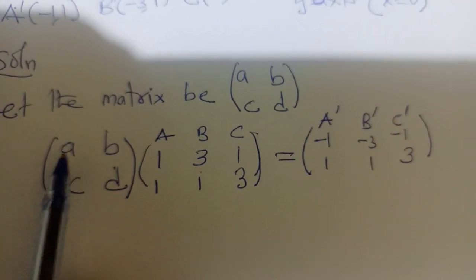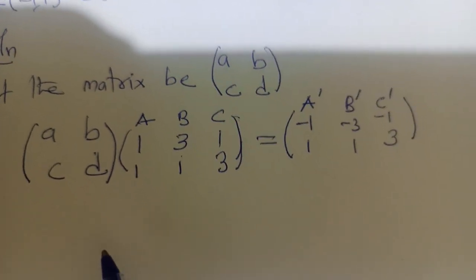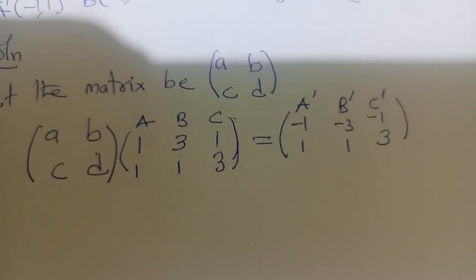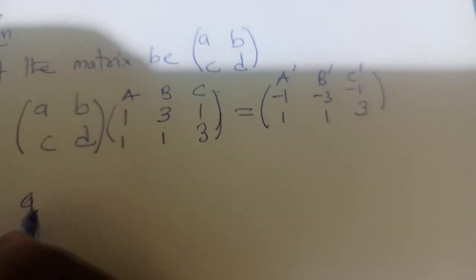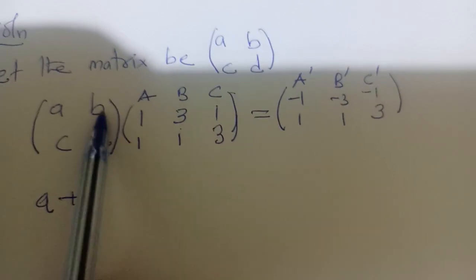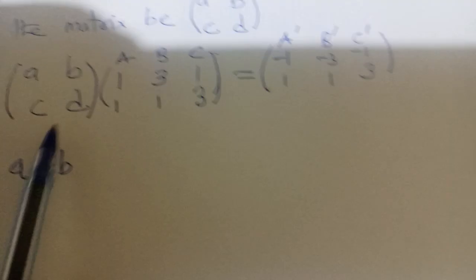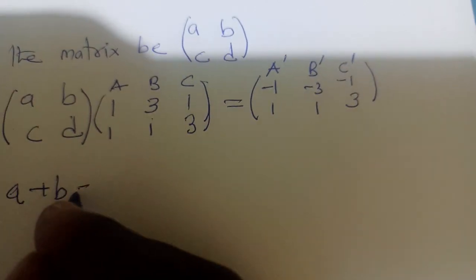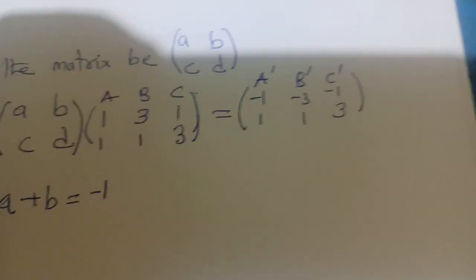We'll have 2 equations in A and B, and another set of 2 equations in C and D, and then solve them simultaneously to get the values of A, B, C, and D. In the first case, we'll multiply A by 1, which gives us A, then plus B by 1, which gives us B, and this corresponds to the element -1 on the other side of the equal sign.